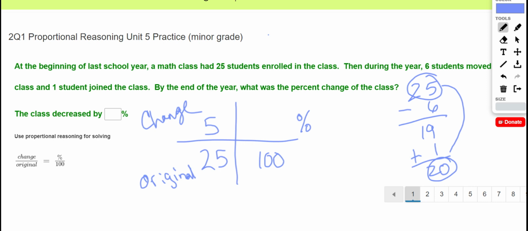So the class decreased by 5 out of 25 students overall. Now the mathematical reasoning is you could look up and down for a factor within the proportion, and that is dividing by 5, or you can look between the equivalent ratios and see the proportional relationship there. And you can multiply by a factor of 4.